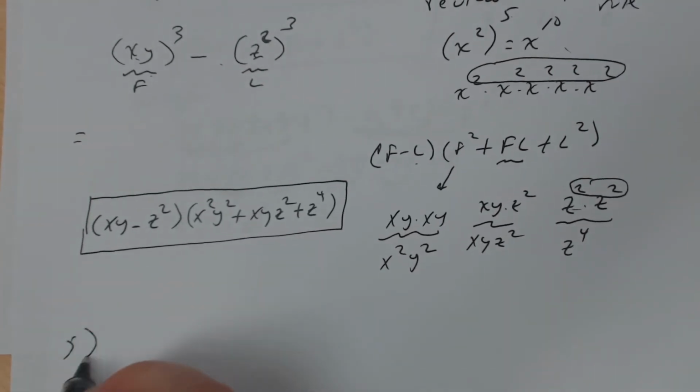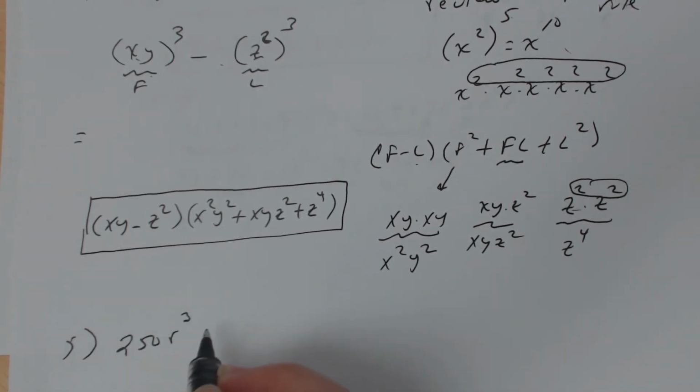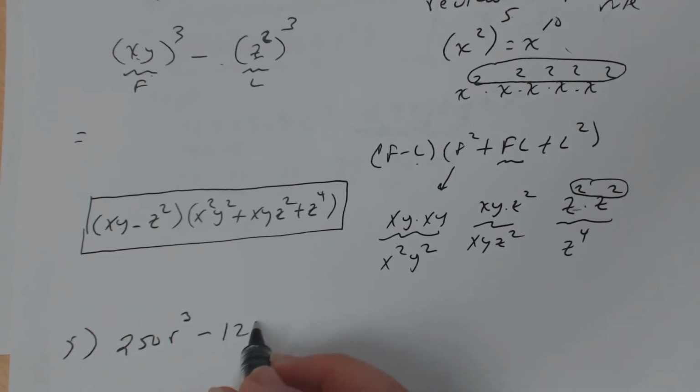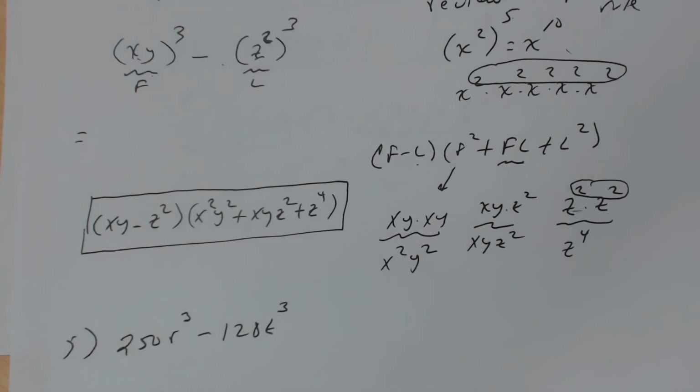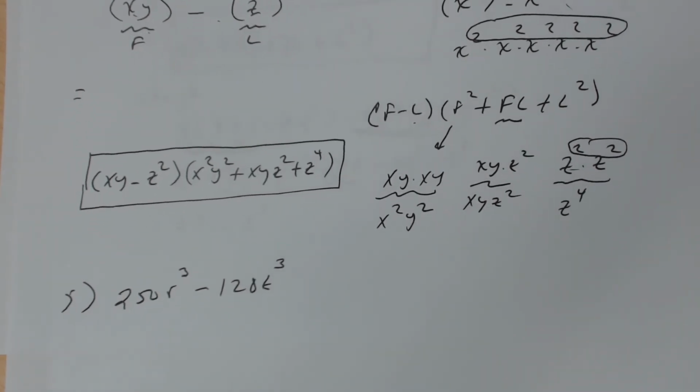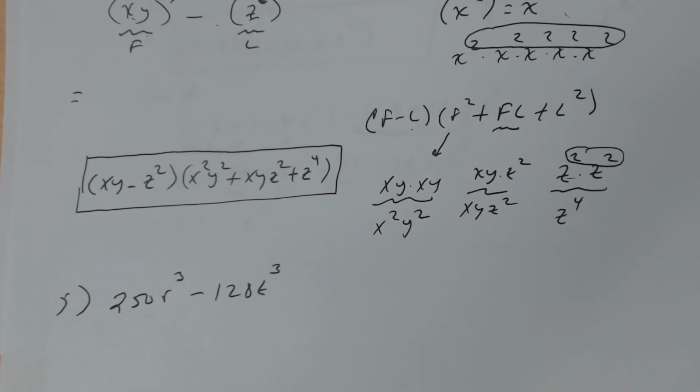All right. Let's do one more with this. So let's suppose you had 250r cubed minus 128t cubed. Now, here's the situation. Remember, you must always look for GCF first.